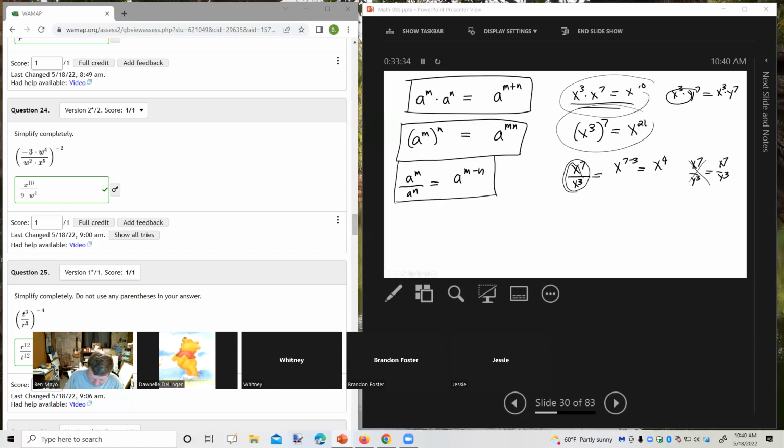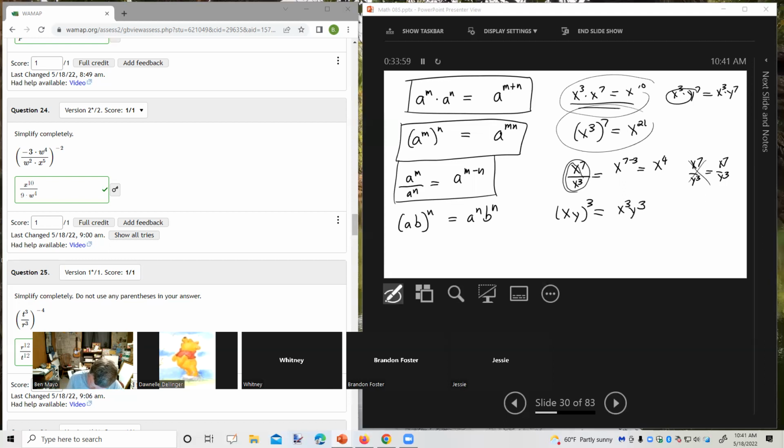Let's see here. If you have a product raised to a power, you attach the outside power to each factor in the product. So for instance, if I have x, y, the quantity cubed, that's x cubed, y cubed.